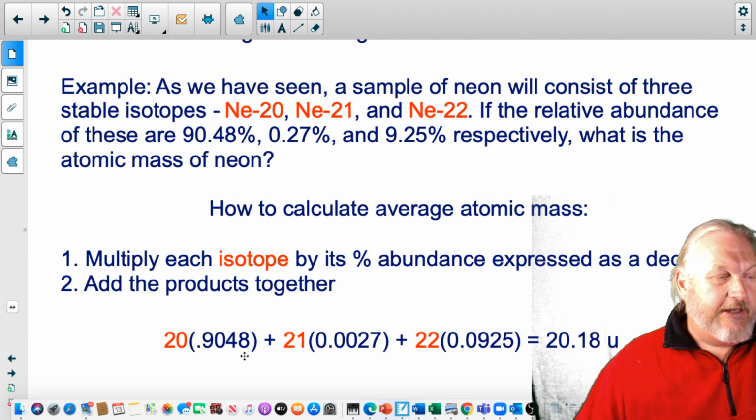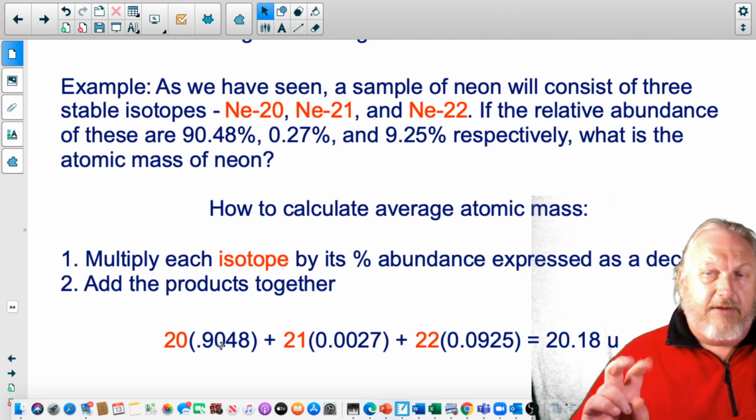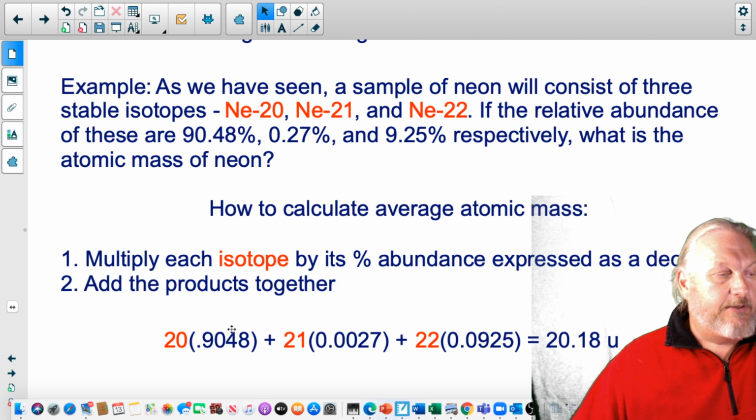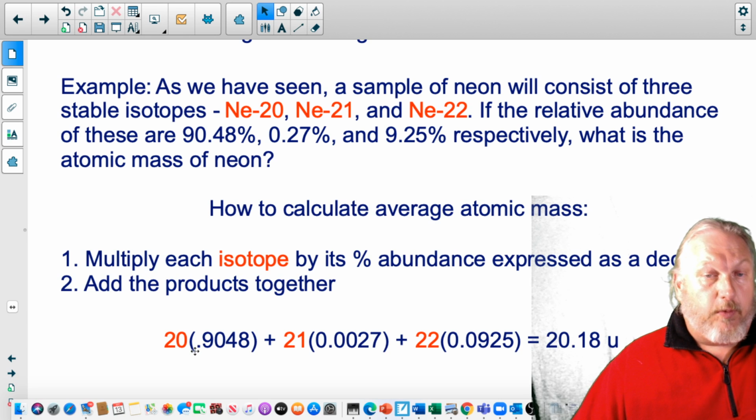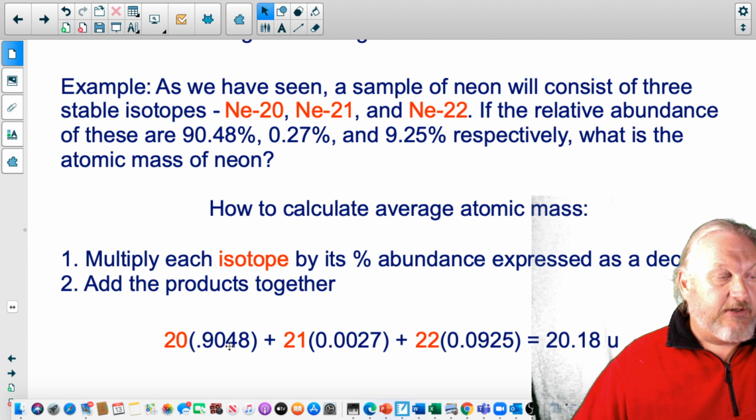There's a couple ways to do this, but we're going to go ahead and divide the percentages by 100. So if we take 20, which is the A number for neon 20, we know that it's 90.48%. If we divide that by 100, we get 0.9048.